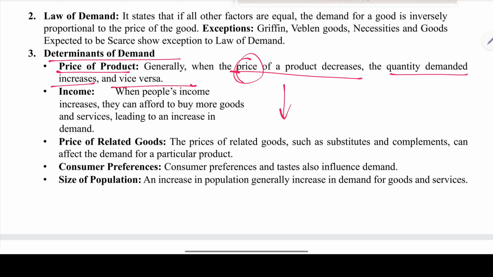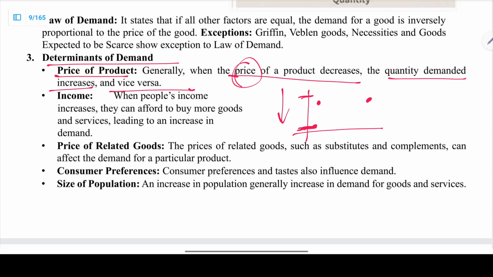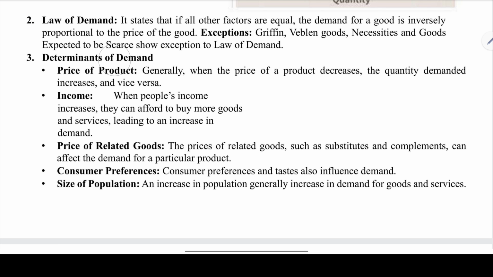When the price of the product decreases and we have a low price for the product, many people start demanding it. But if the price is high, fewer people start demanding it. Price is low, the demand is high.